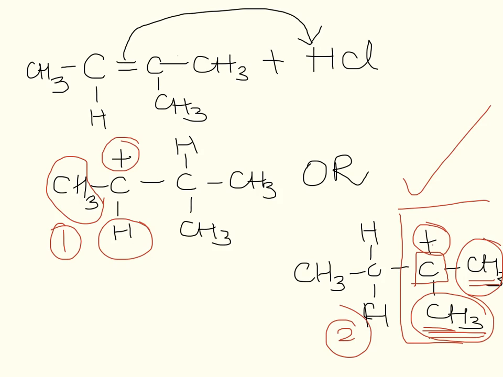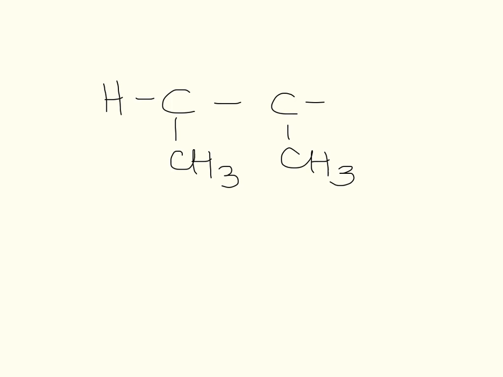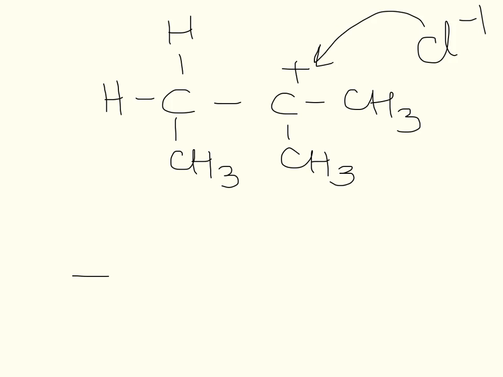So in this case, what happens is that we have a situation where we have H, CH3, CH3, CH3 plus and H. And then the Br minus or the Cl minus reacts with this one, and we end up with an alkyl halide that looks like this.